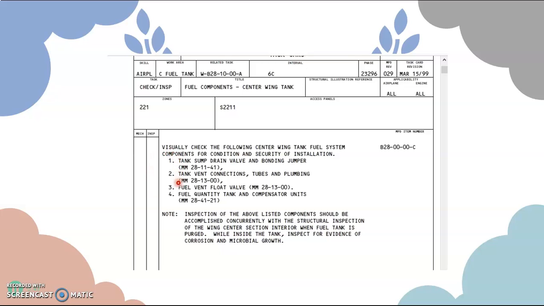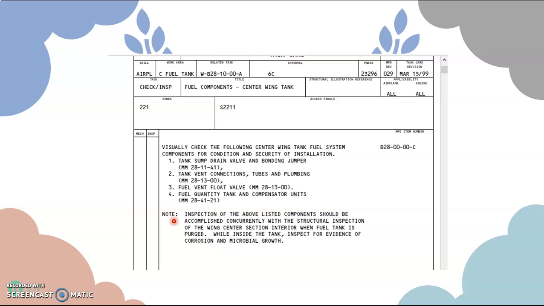That's all the components that we check or inspect for the center wing tank. The first component is tank sump drain valve and bonding jumper. The second, tank fan connection, tubes and plumbing. The third, fuel fan float valve. The fourth, fuel quantity tank and compensator unit.